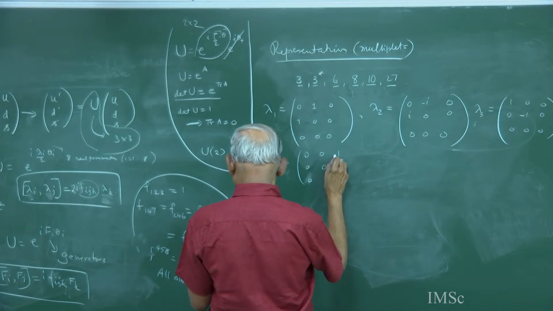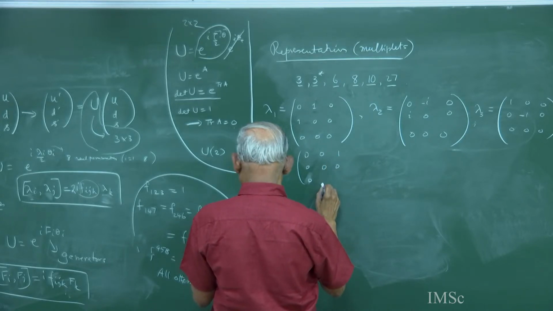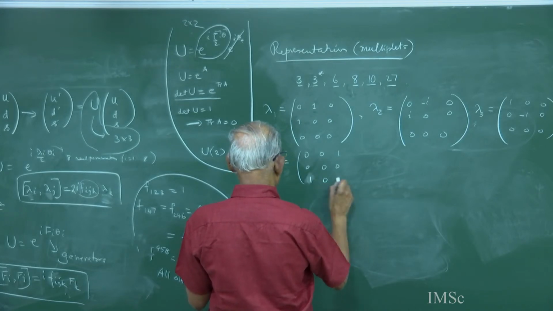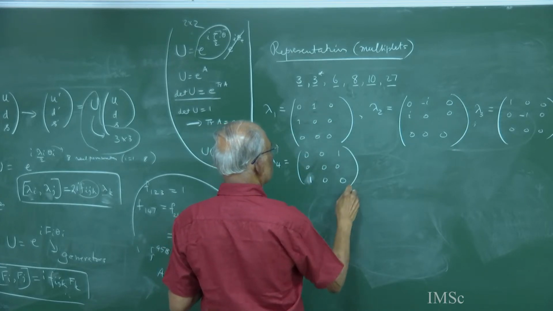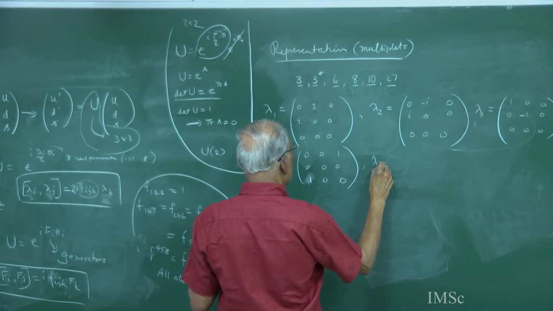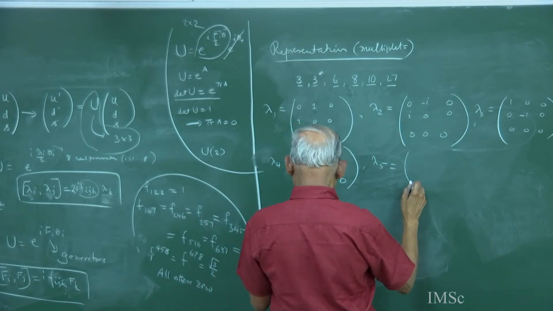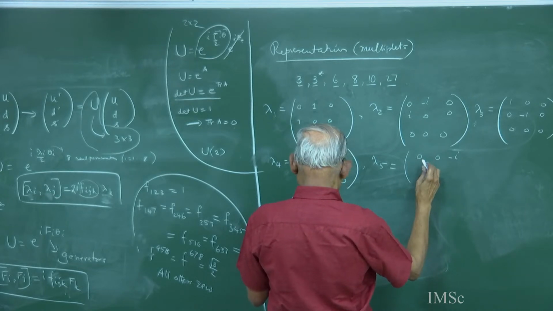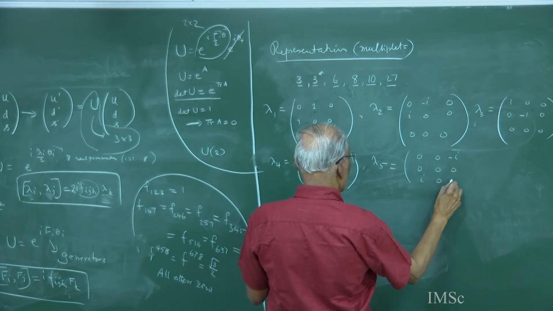This is 1 3. There should be one more. So if you look at 1 3, it is like tau 1. Similarly, lambda 5 is like tau 2, but again in 1 3 space, so I have to write 0 0 minus I, 0 0 0, I 0 0.